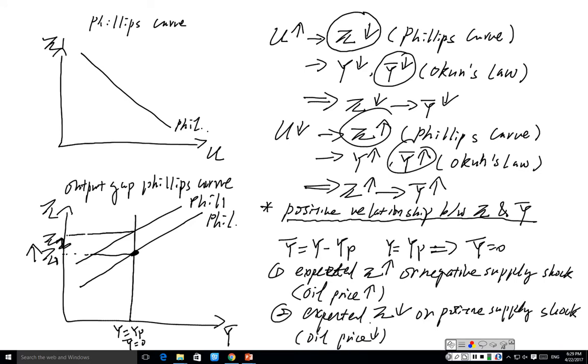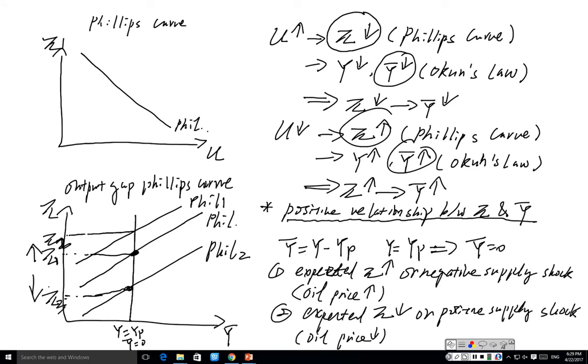It's good news to many business, because they can cut their costs with the lower level of the oil price. So it will shift the Phillips curve downward to the Phillips curve 2. And with this, you can see the inflation rate will drop from the pi 1 to pi 3.